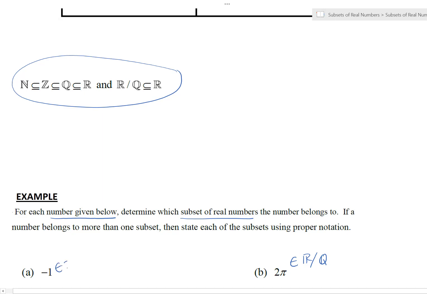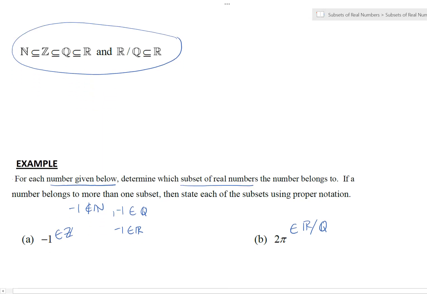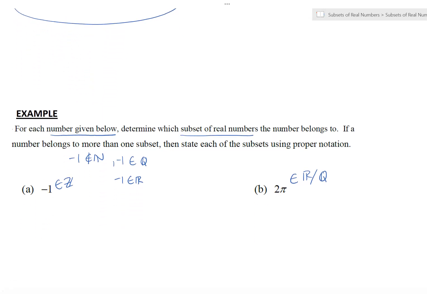-1 is an integer. Note that -1 is not a natural number. So since -1 is an integer, -1 is also a rational number, and it's also a real number. So these two numbers, let's just organize it all. -1 is an element of the integers. -1 is an element of the rationals. -1 is an element of the reals.